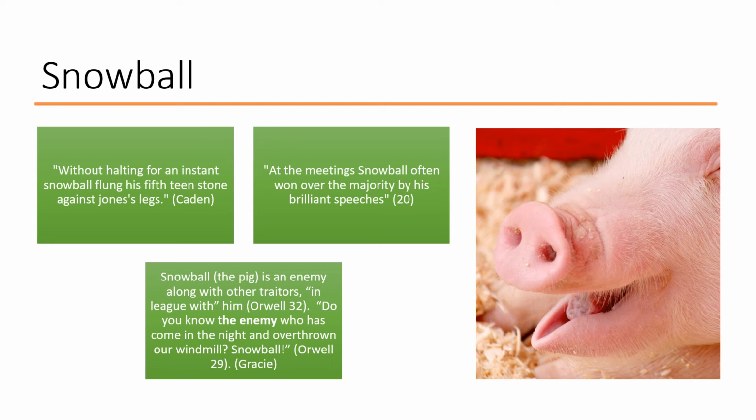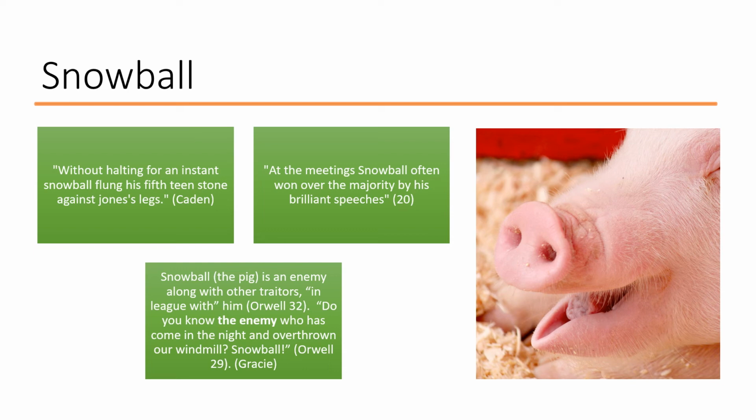So he is "an enemy in league with other traitors." Gracie pointed out that Squealer later, at the direction of Napoleon, blames Snowball for everything. So Snowball becomes the enemy they can blame everything on.